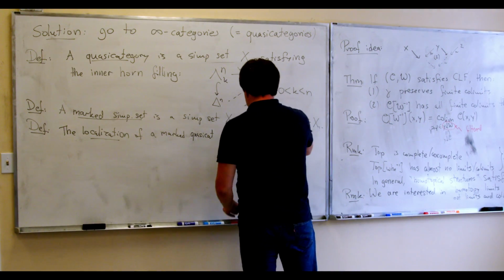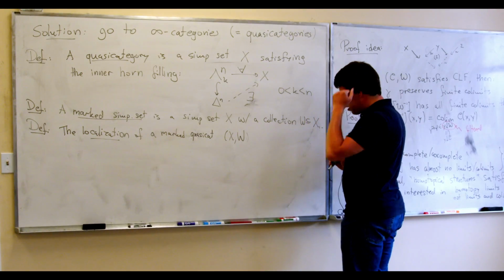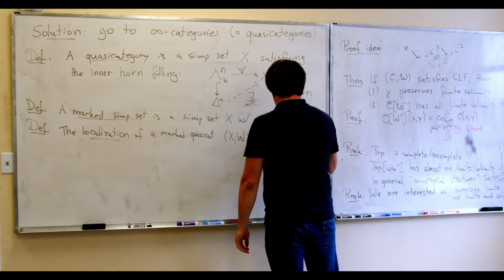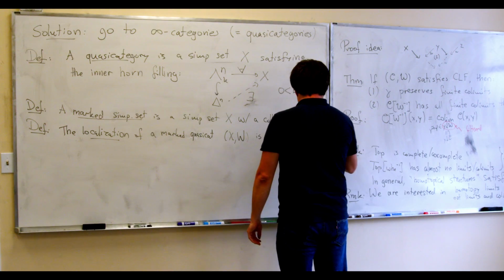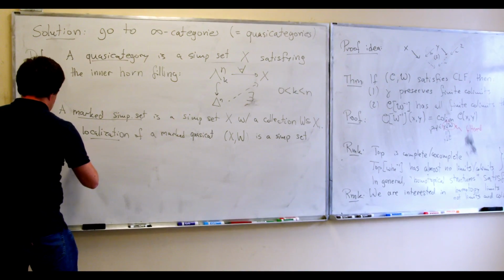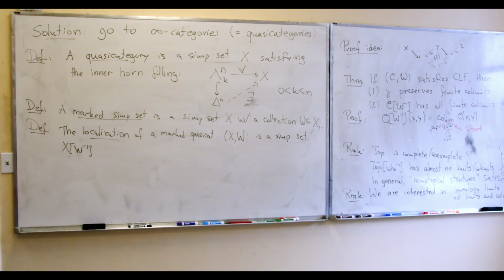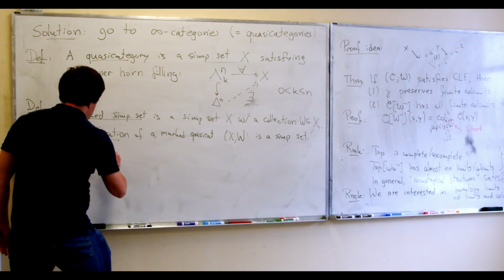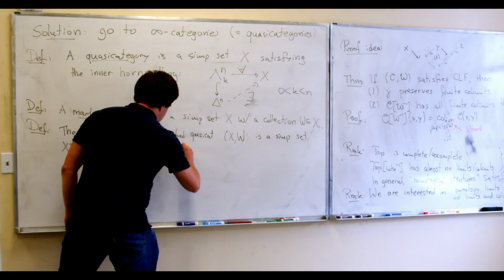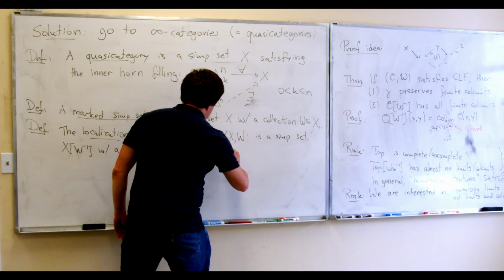I guess I'm inconsistent with my W's here, so let's make this one ugly too. So the localization is a simplicial set, which, well, unsurprisingly, I'm going to denote X W inverse, with a functor gamma from X to X W inverse.